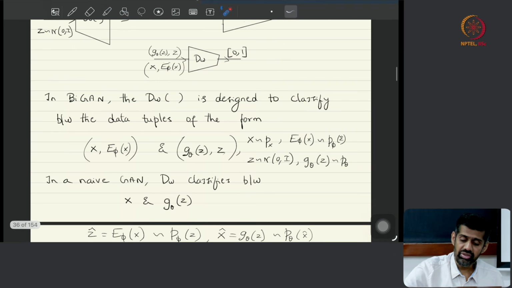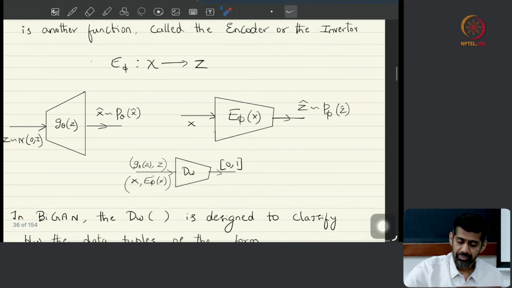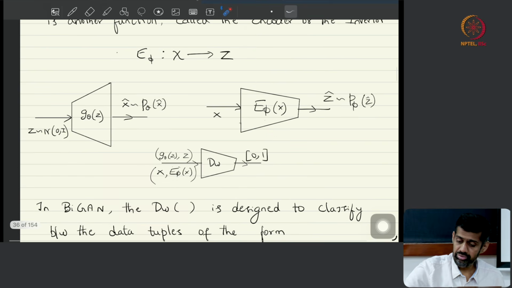What is the objective? In the bidirectional GAN, the discriminator is designed to classify between the data tuples of the form (x, E_phi(x)) and (G_theta(z), z). What do you mean by this? Before we go, I'll tell you what the distributions are.